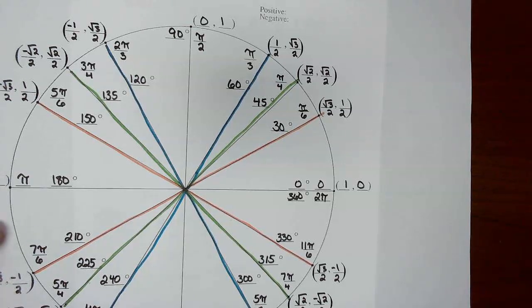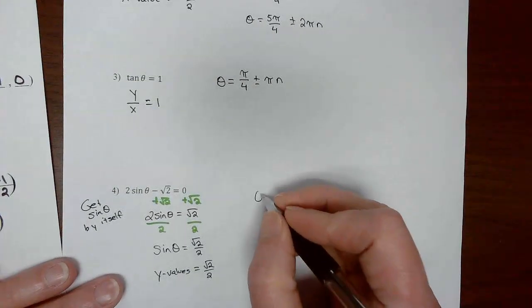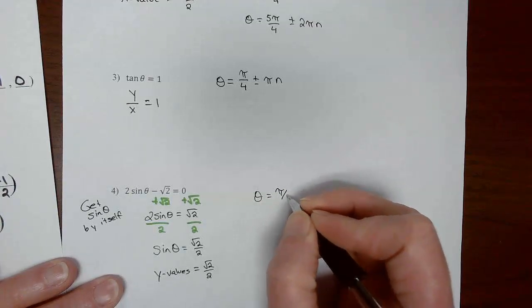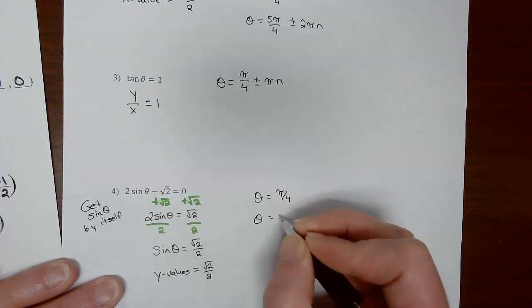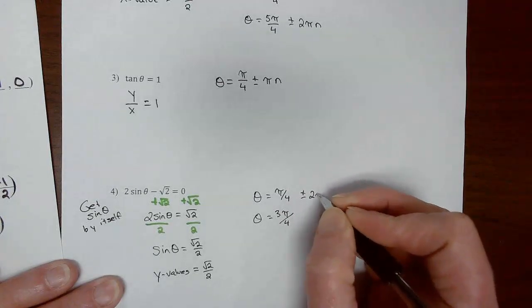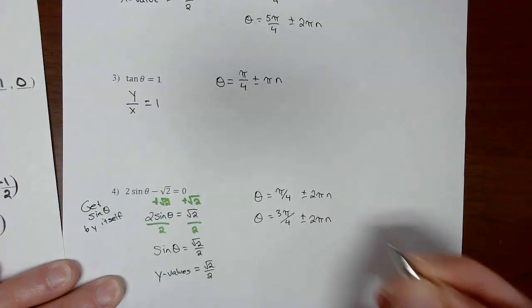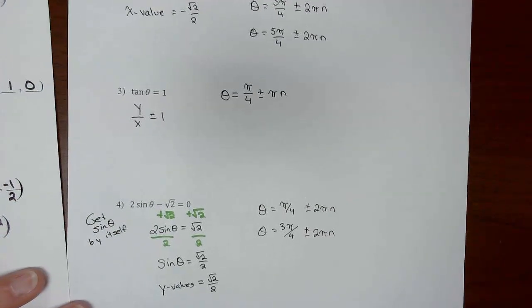And we're going to add and subtract 2 pi. So 2 answers. One of them was pi over 4. The other one was 3 pi over 4. And we're going to keep going around the circle forever and ever and ever. And so we just add and subtract 2 pi in.